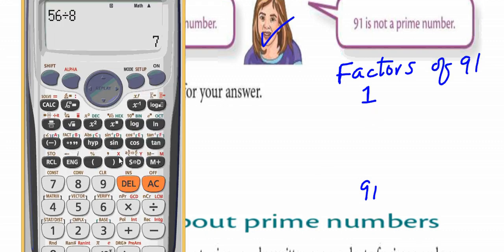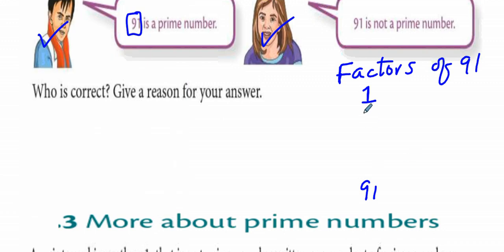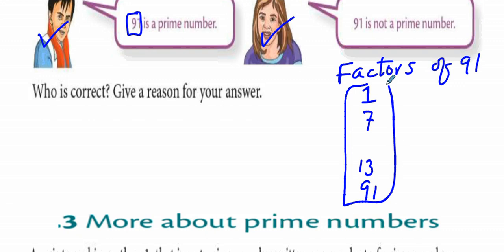Take your calculator and do 91 divided by 7. So 91 is divisible by 7, and the answer is 13. So you can see that 91 has more than two factors.